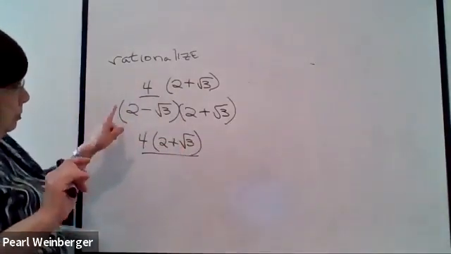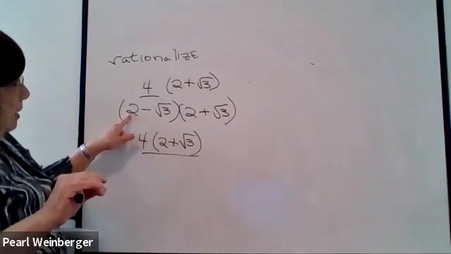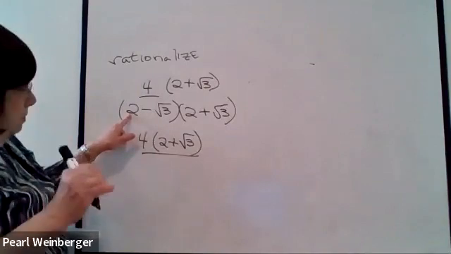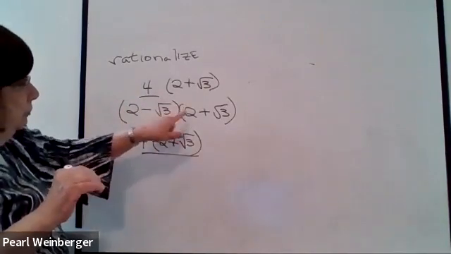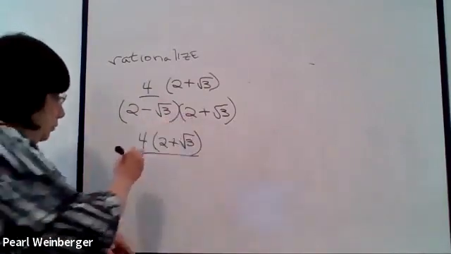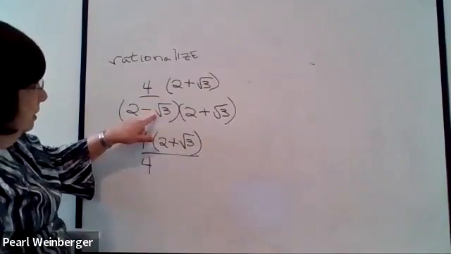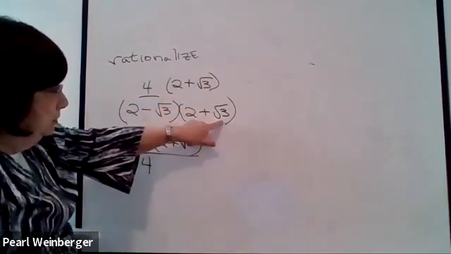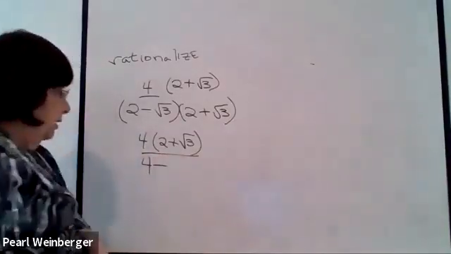So what do I know? I know that when I'm multiplying conjugates, I don't have to do the whole process of FOIL. I can just do the first, 2 times 2, which is 4. And the last, negative radical 3 times positive radical 3. Well, the negative times the positive will be negative.